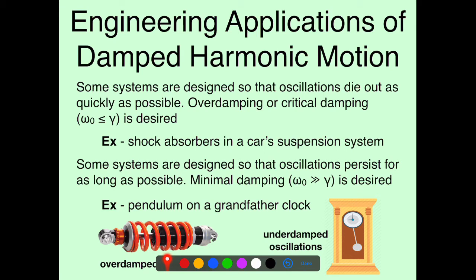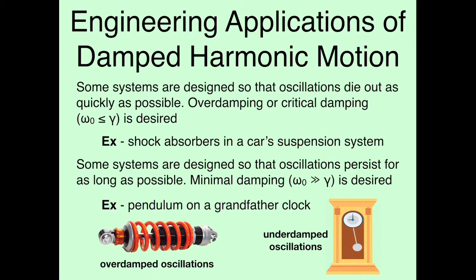And if you're trying to get oscillations to die out as quickly as possible, you're going to want overdamping or critical damping, meaning gamma, the damping coefficient, is greater than or equal to omega naught, which is the undamped frequency. And an example of this would be the shock absorbers in your car's suspension system.